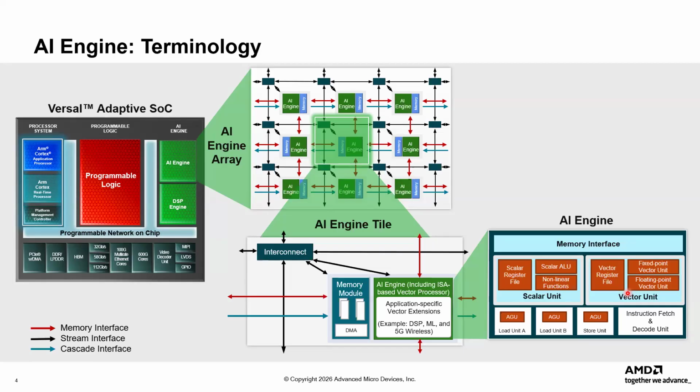Remember that the SIMD path itself is 512 bits wide. So as you declare and use these different vector data types, you are essentially using different portions of that 512-bit wide SIMD path. I've also got address generation units. So notice I have 2 loads and 1 store. This means that a given AI engine could do 2 separate loads in a single clock cycle.